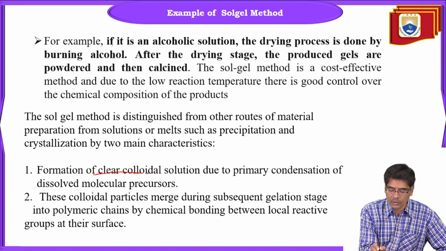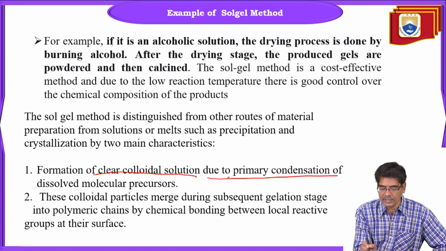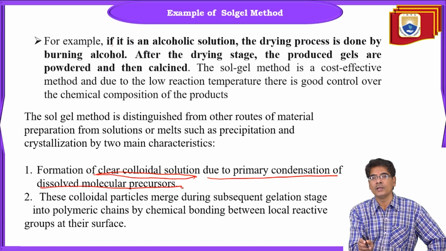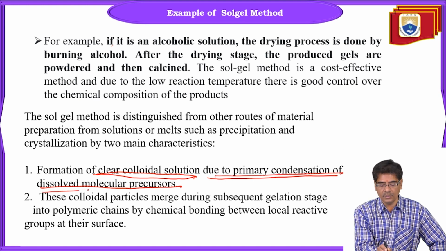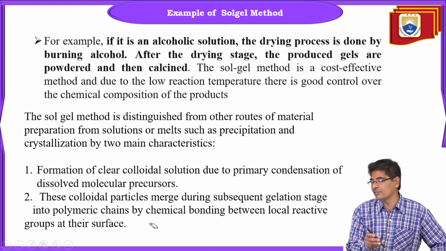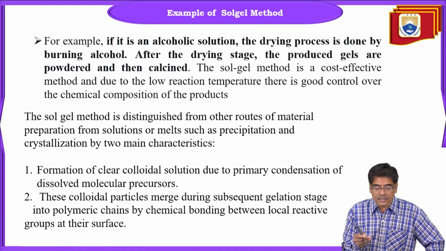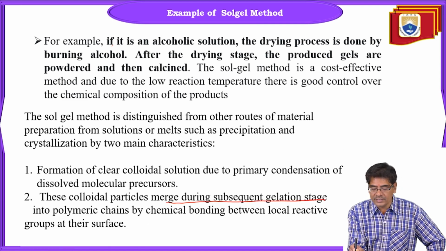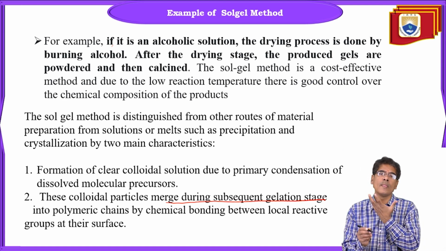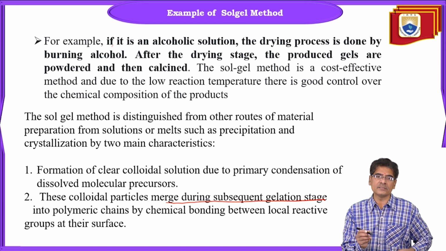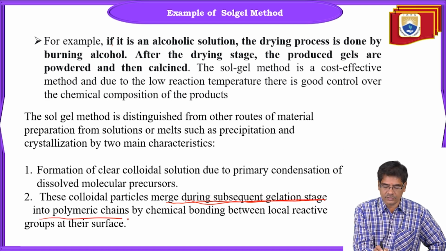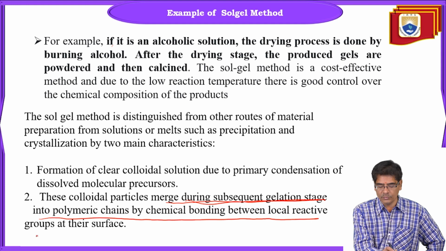The first is the formation of a clear colloidal solution due to primary condensation of the dissolved molecular precursors. Since we are talking about colloidal solutions, we have colloidal particles. These colloidal particles merge during the subsequent chelation stage into polymeric chains by chemical bonding between local reactive groups at their surface.